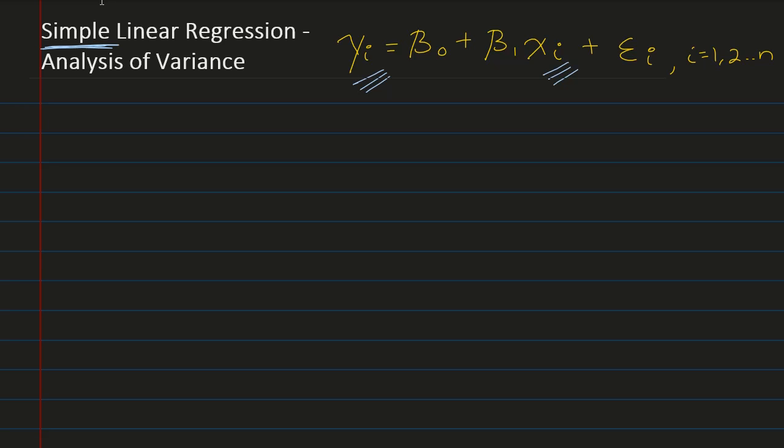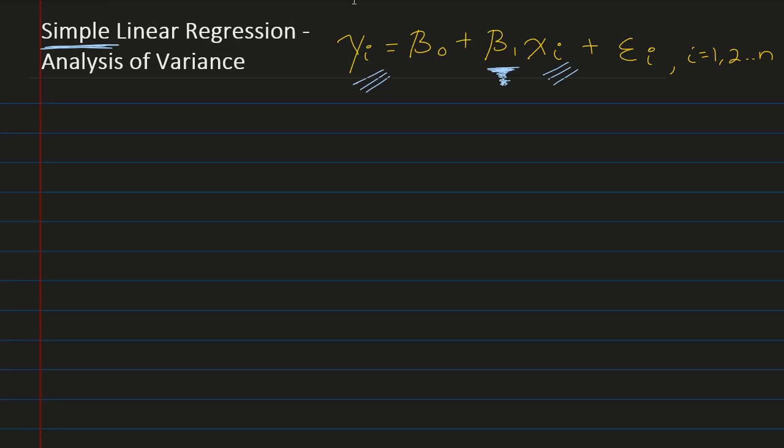So what we're testing is basically, is this beta 1, this slope, not 0? If it is 0, then this term basically goes away and yi is not significantly related to xi. But if it's not 0, then there is potentially a significant relationship between x and y. Okay, so that's what we're going to talk about here.